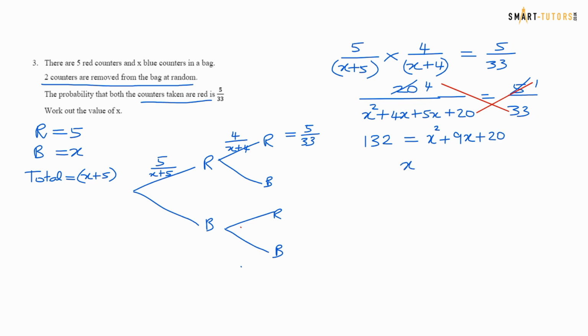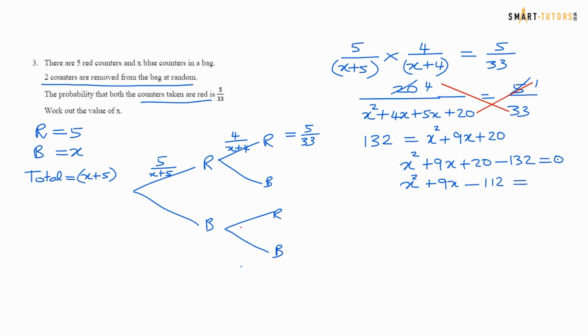So x squared plus 9x plus 20 minus 132 equals 0.